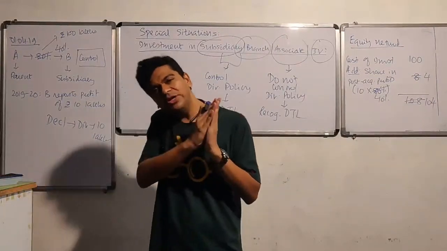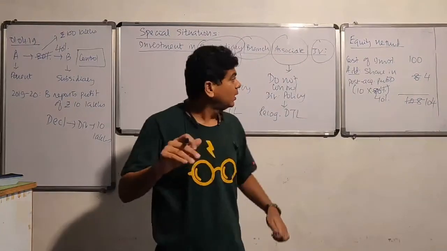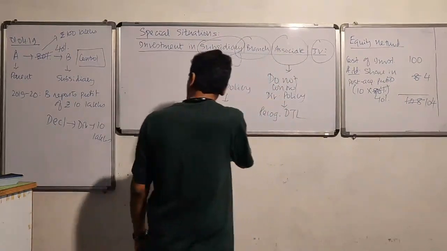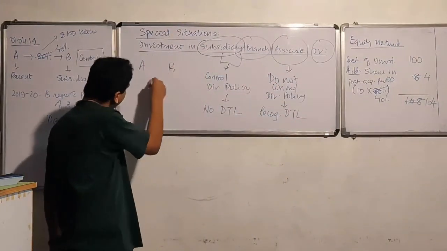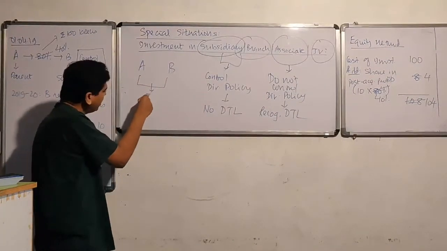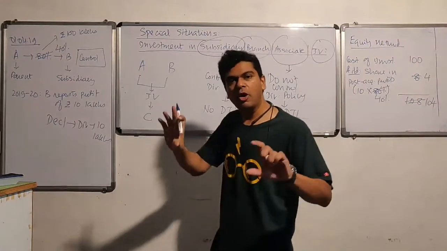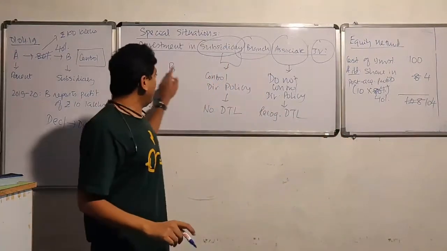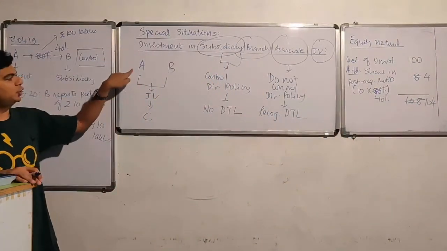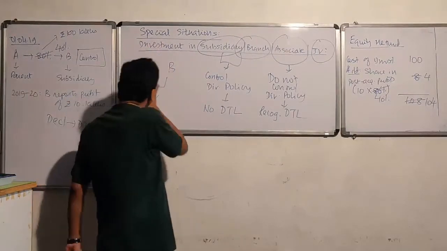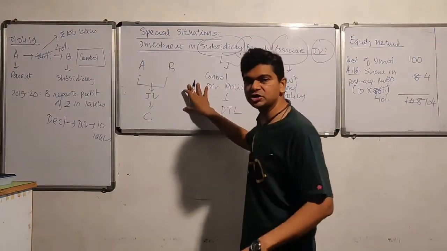So basically you have to really study the joint venture. For example, let us say there is A and B. The two of them are coming together and forming a joint venture C. So A and B are having joint control over here. So we should study this entire joint venture agreement.